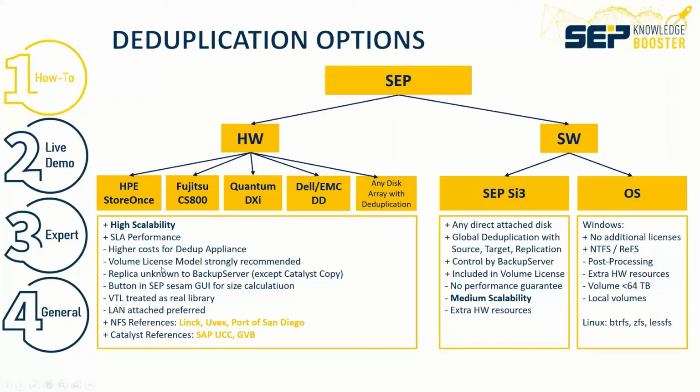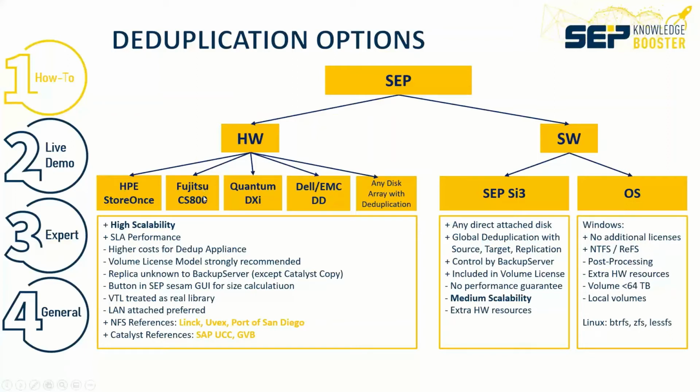And the same applies if it's attached as a disk storage, maybe via NFS. Then with the classic license model, you have to license the storage pool. And this is a huge amount of data you can put on the dedup storage, because the storage pool license is counted before deduplication. It's all included in the volume license model.